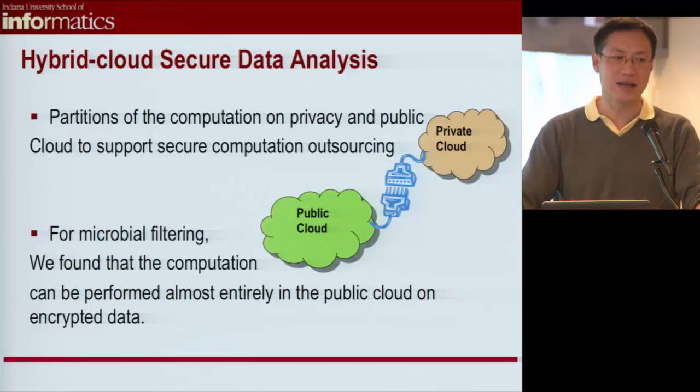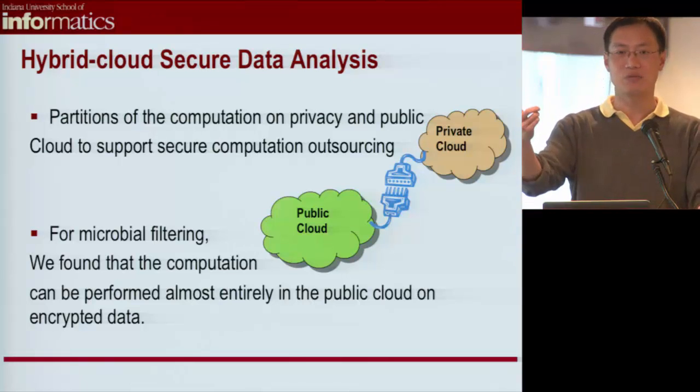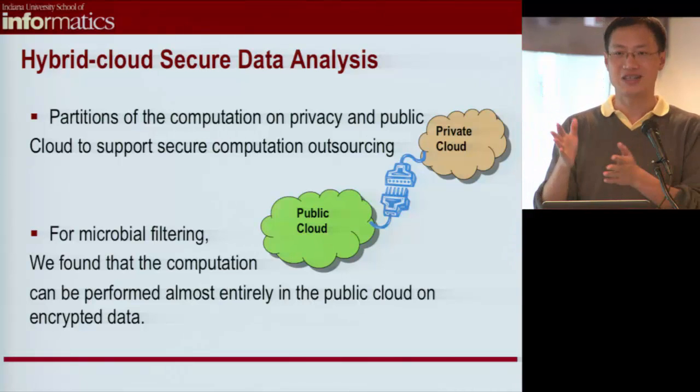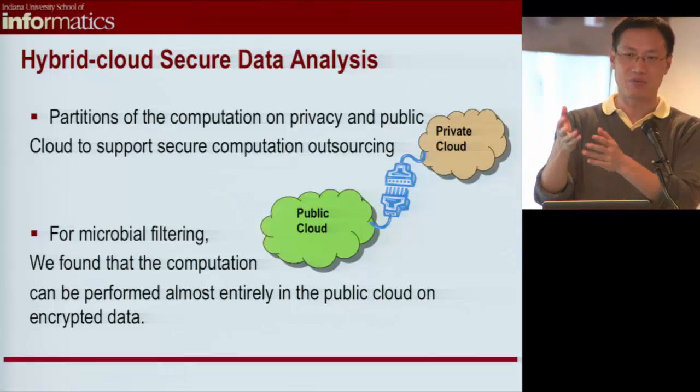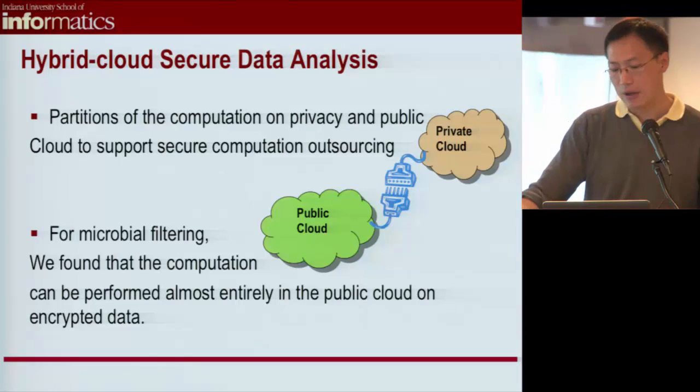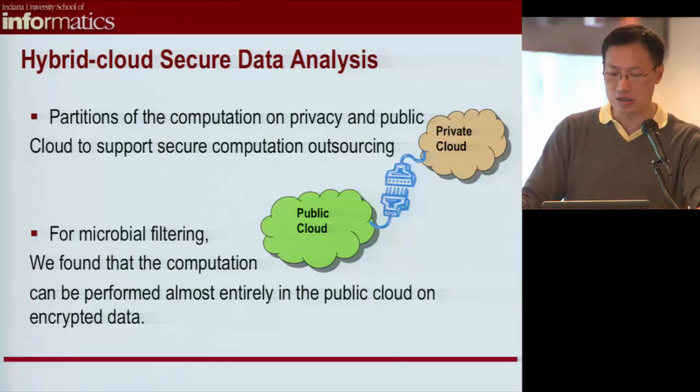You cannot give the data directly to the public cloud, like EC2, because the human DNA part can be used to identify the person, the host, while the bacterial part tells what kind of bacteria that person has. It's very sensitive. Our research shows that using a privacy preserving technique similar to what we developed is very promising. We can do this privacy preserving microbiome filtering.